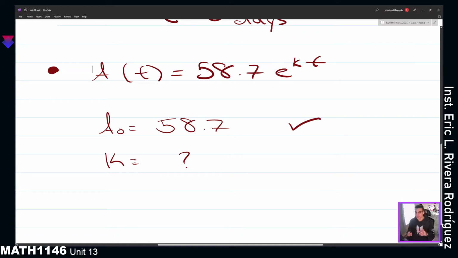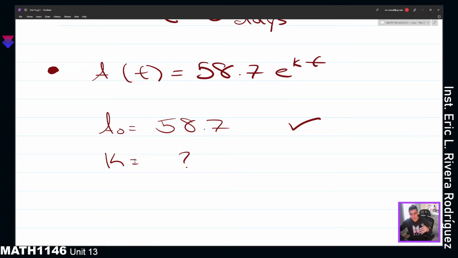Since we are working with a double time problem, and double time is a common term used in this kind of exercises, I'm going to work with a sub 0 instead of 58.7 because that way I can give you a general representation on how to solve this kind of exercise.